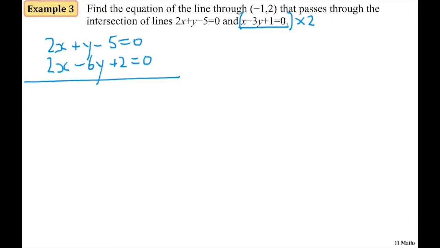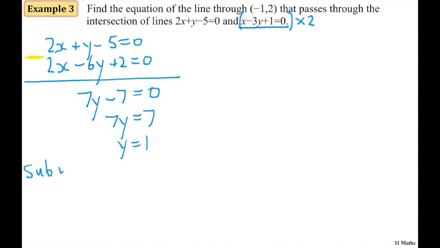Both x's are the same, and when they are the same, you subtract. So let's actually subtract and see what happens. 2x take 2x drops out. A plus 1y minus a minus 6y is y plus 6y, which gives 7y. Minus 5 minus 2 gives minus 7. 0 take 0 gives 0. So we end up with 7y equals 7, which gives y equals 1.